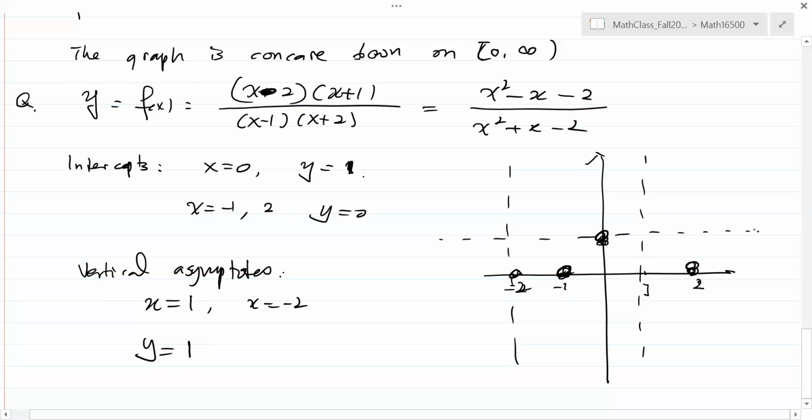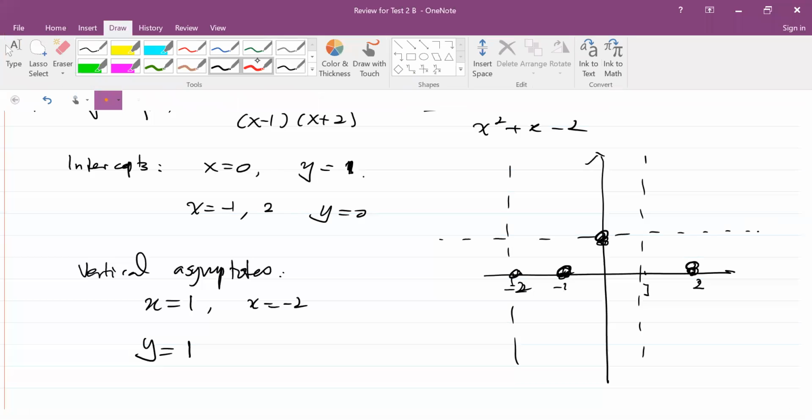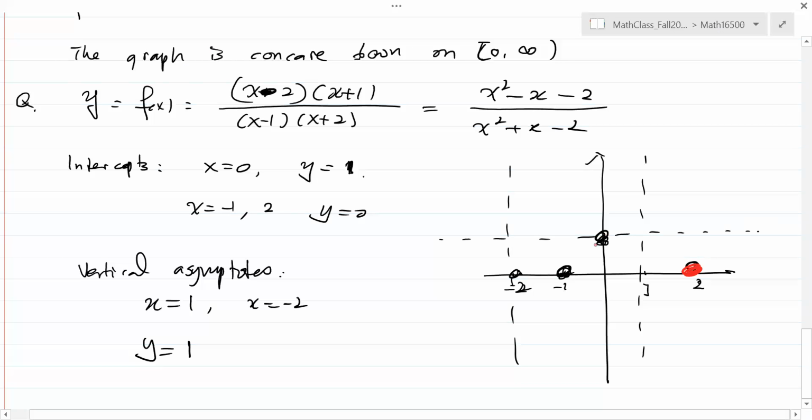Okay. So we don't know how to sketch the graph yet, but we know where it is, right? I can sketch the graph. I guess here's a graph. Okay, let me try. So the graph passes through those 3 points, and you have vertical asymptotes.